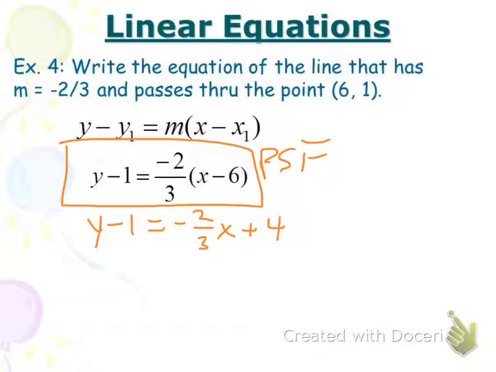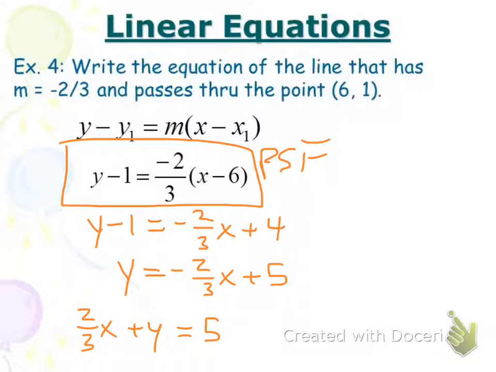All right, if I add 1 to both sides, I get negative 2/3 x plus 5. If I add 2/3 x over here, then that'll give me 2/3 x plus y equals 5, and I'm almost there.